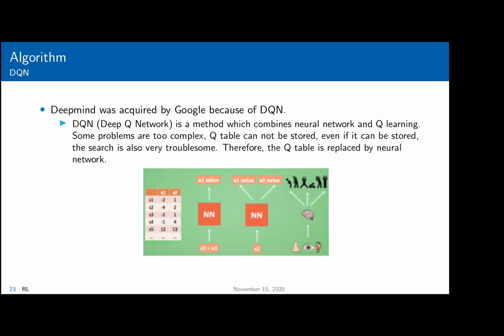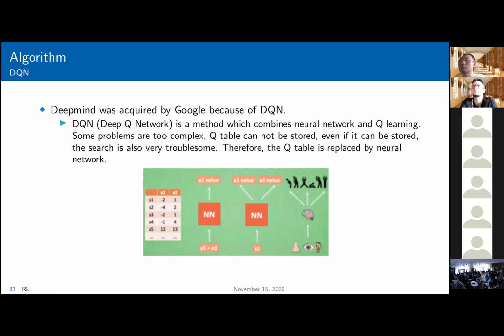By fitting a function instead of a Q table to generate Q values, similar states can get similar output actions. Therefore, we can think that a deep neural network has a good effect of extraction of complex features. So we can combine deep learning with reinforcement learning. This becomes DQN.